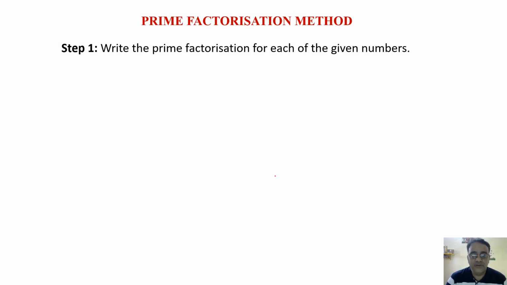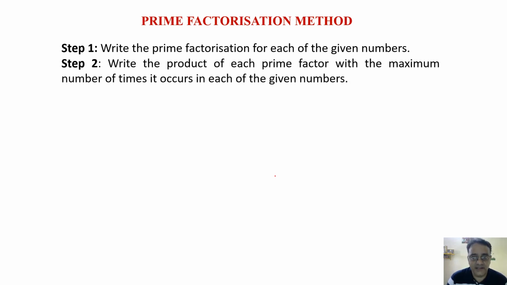Second step, we will find the different prime factors involved, say 2, 3, 5, and we will find the product of each prime factor with the maximum number of times it occurs. That product is the required LCM of those numbers.